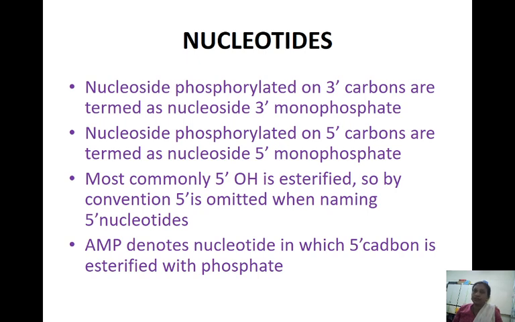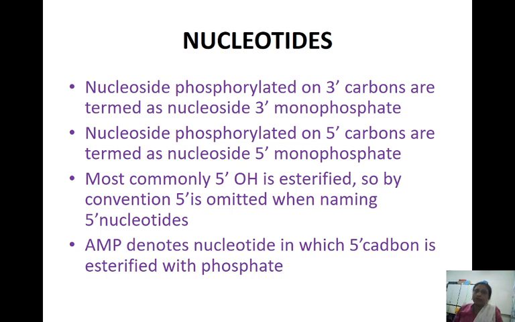Adenosine is a nucleoside. Usually phosphorylation is done at the 5 prime hydroxyl group of the pentose sugar to form a nucleotide. So adenosine on phosphorylation forms AMP, which stands for adenosine monophosphate.